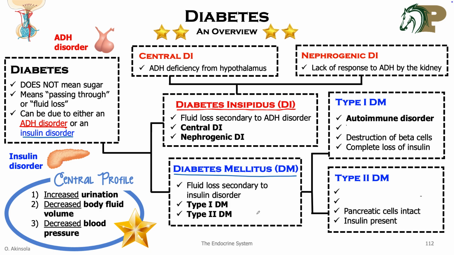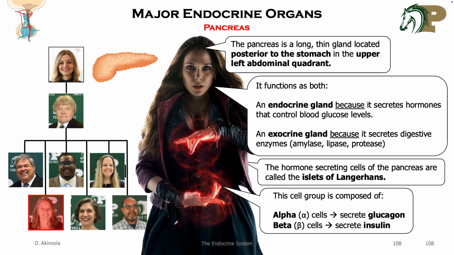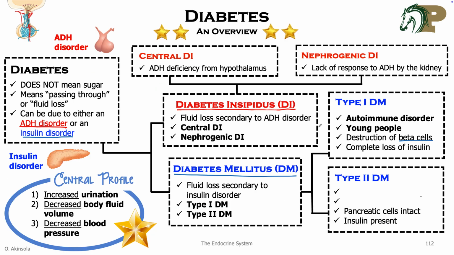This is when your body's immune system will attack itself, leading to destruction of beta cells. Remember, the beta cells are the ones that secrete insulin. So if your immune system were to attack those cells, you're going to have a complete loss of insulin. Insulin is absent in these individuals.